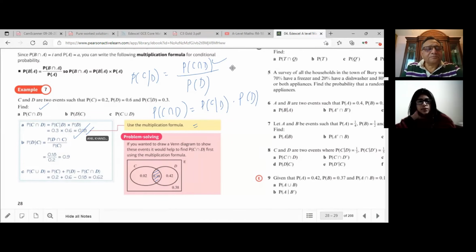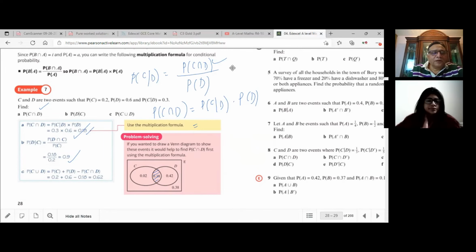So the probability of D when C has occurred will be the intersection of the two, but now the domain becomes the probability of C. And therefore, we get 0.18 divided by 0.2, which gives you 0.9.